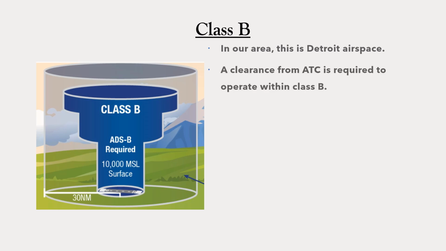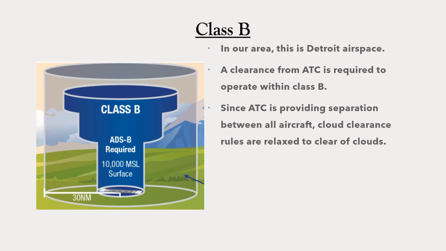You need a clearance from air traffic control in order to operate within Class B. So it's not sufficient to have just established two-way radio communication where they answered you with a call sign. You need the magic words that say cleared into Class B or Class Bravo. They use the letter.